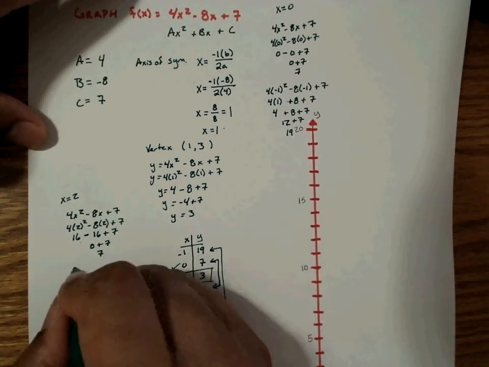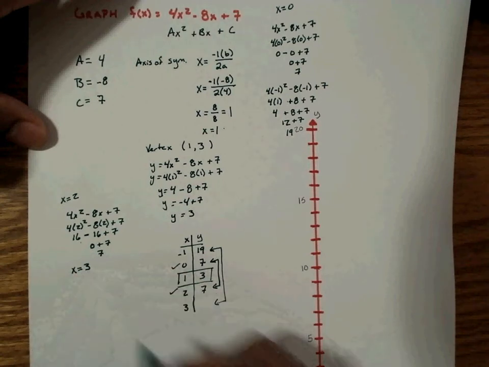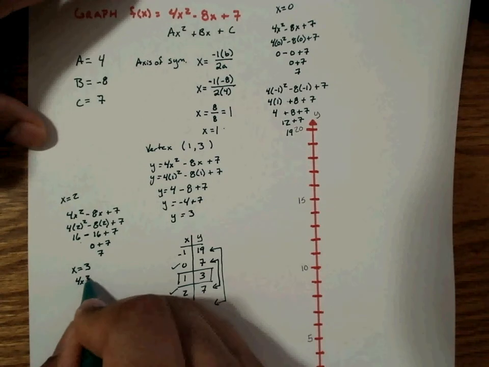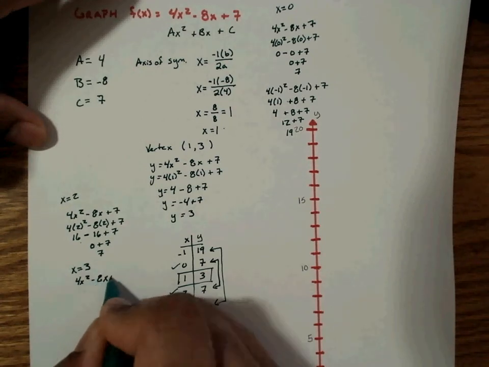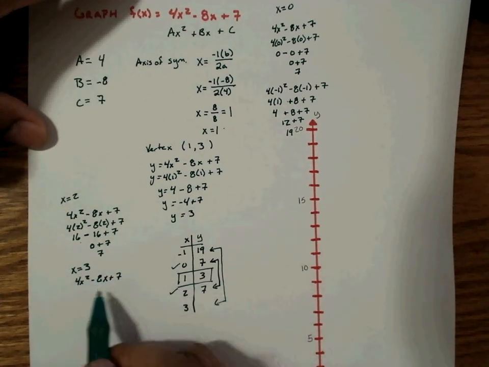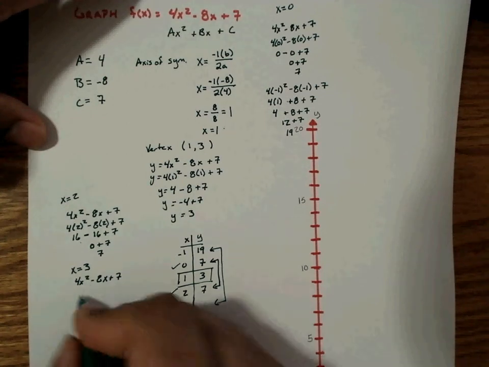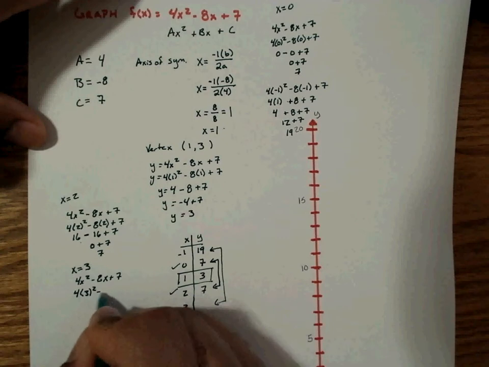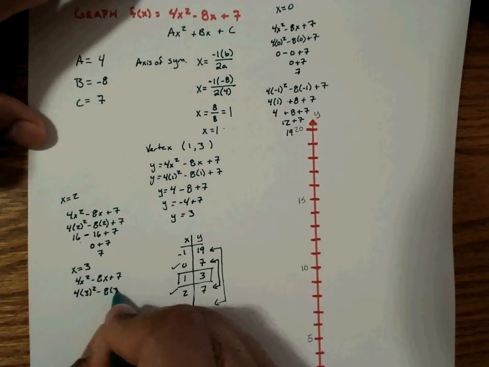And then we're going to do when x is equal to 3. So again, we use the same equation, 4x squared minus 8x plus 7. And if you notice, every time I'm writing the base equation, please don't take shortcuts. When you take shortcuts, that's when you tend to make mistakes.